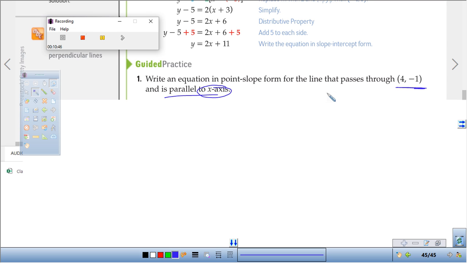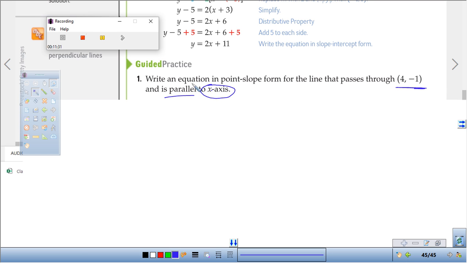Okay, here we go. Ready? It says again, parallel to the x-axis. So let's come in here and figure out what's my slope. Y'all know what's your slope in this situation. Remember, it says you need to know two things: your slope and the point. That's all you need. What is my slope, guys?